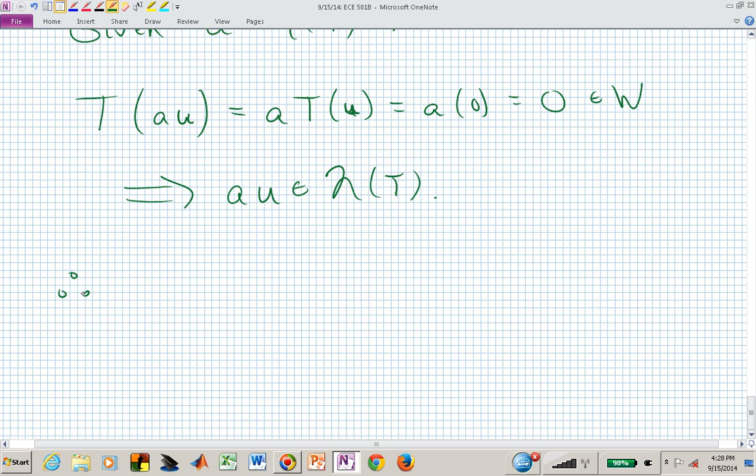We now have all three properties, and so the null space of T is in fact a subspace of V.